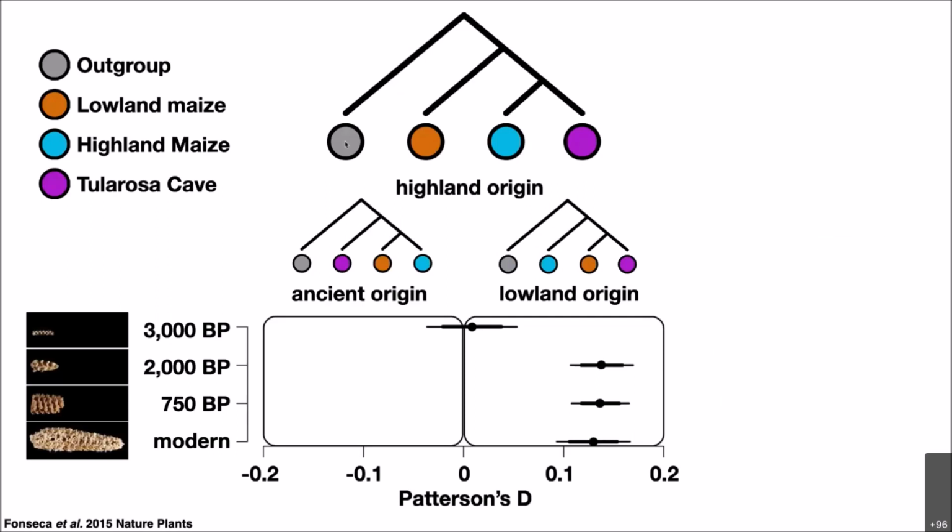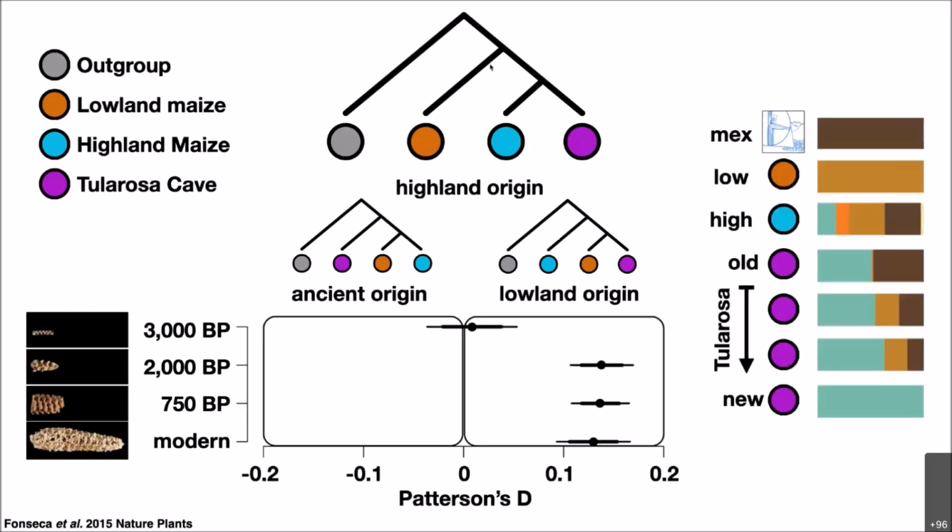And consistent with this, if we look at admixture patterns between lowland maize and teosinte and these Tularosa samples, we see, consistent with what I just showed you, that highland maize in central Mexico has lots of teosinte ancestry, shown in dark brown. Our oldest archaeological sample has quite a bit of teosinte ancestry from Mexicana, consistent with a highland origin.